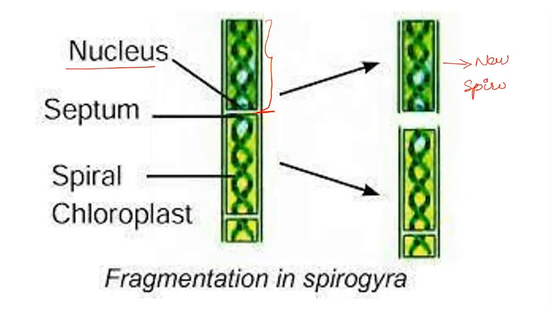So this is what is termed as fragmentation. So each and every fragment of the organism is capable of giving rise to a whole organism, that is termed as fragmentation. A typical example is the filamentous algae, which is Spirogyra.